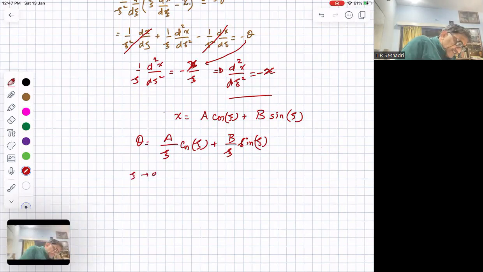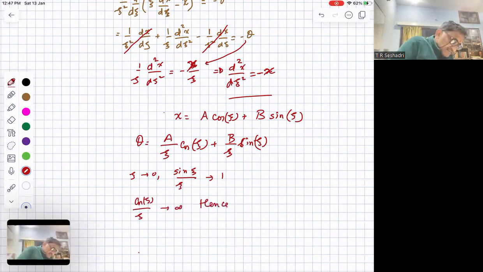As xi tends to 0, sin xi by xi tends to 1, but cos xi by xi tends to infinity.